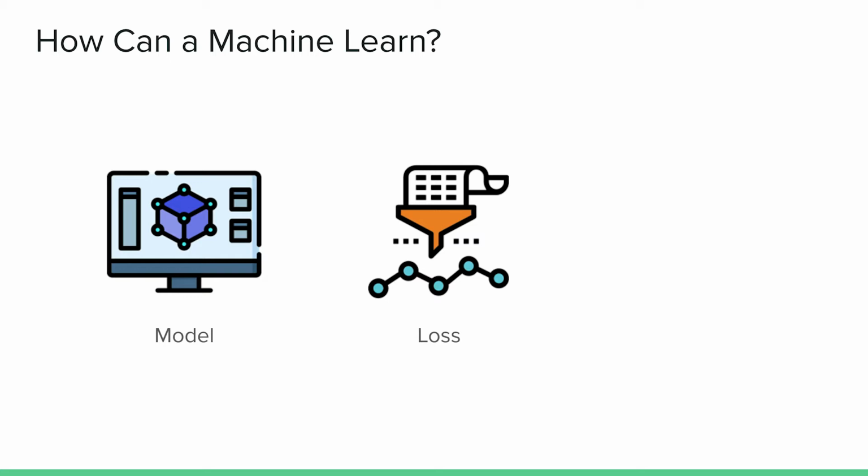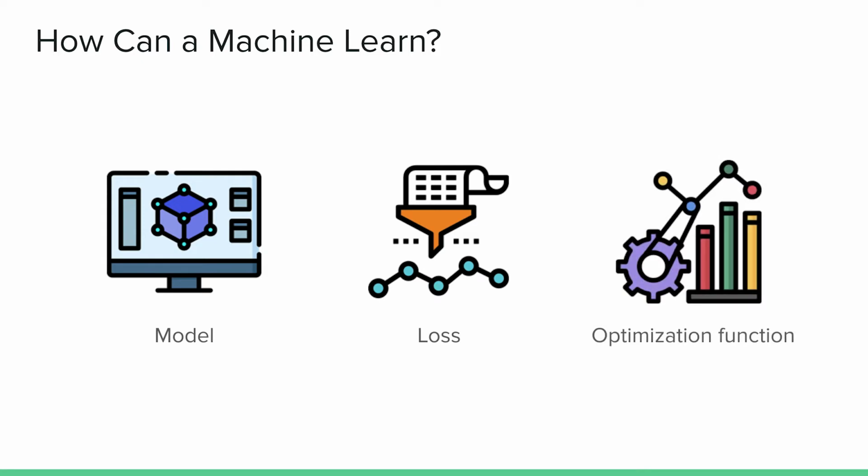Secondly, we need something like a loss. What is a loss function? In our case, it's kind of a navigator which tells us how good we're doing right now. We feed in some data through our model, and then we compute the loss to say, okay, how good are we right now? Where do we need to improve something? And if the loss tells us we're not doing well, we need the third ingredient, which tells us how we get better.